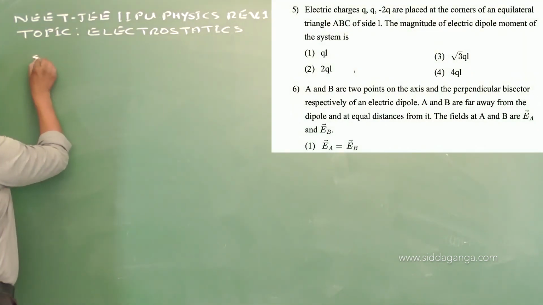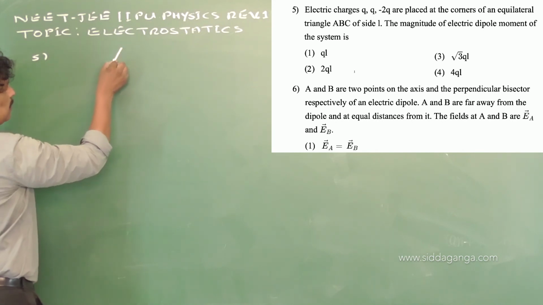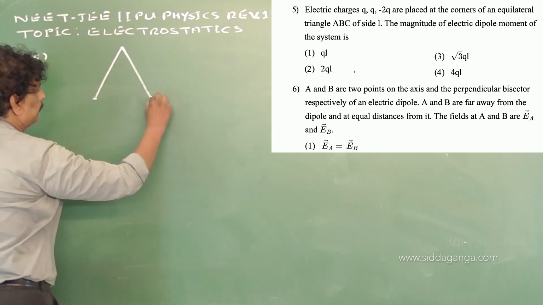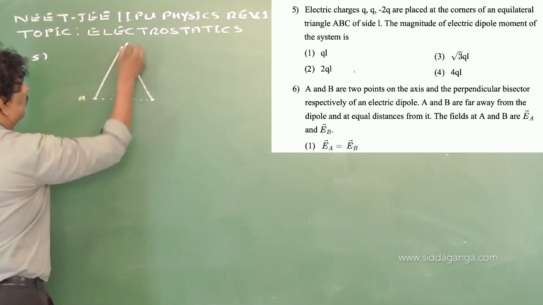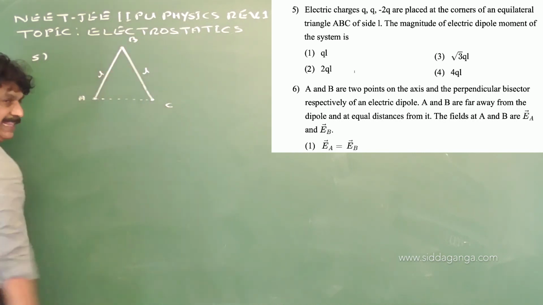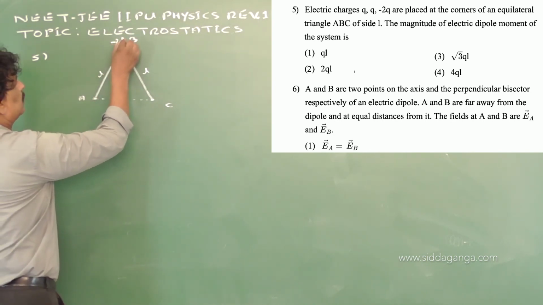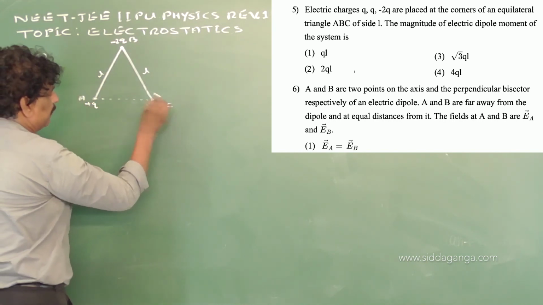Now we have three charges placed at the corners of an equilateral triangle A, B, C with the length L. So this is minus 2Q, this is plus Q, and this is plus Q.